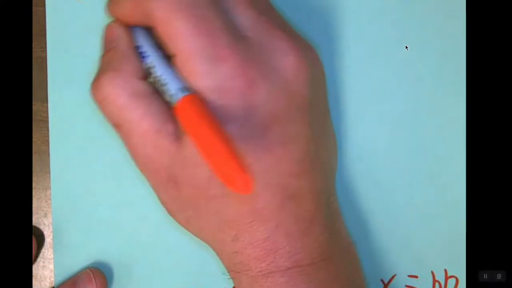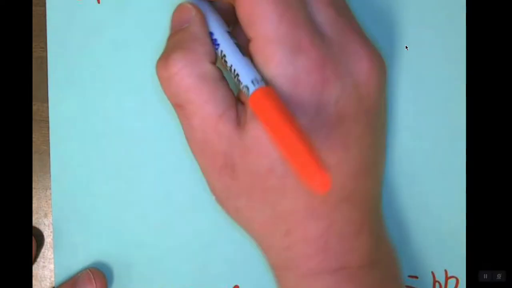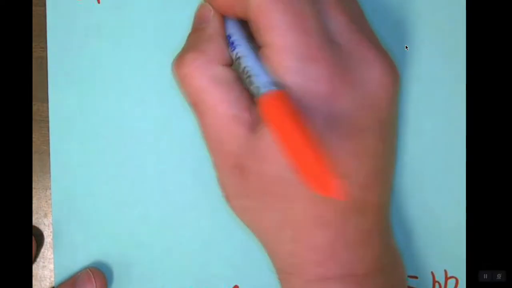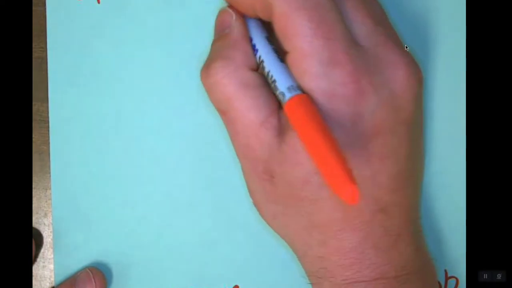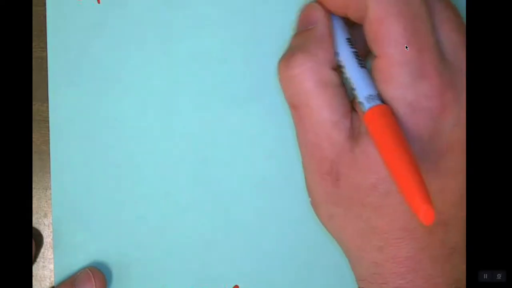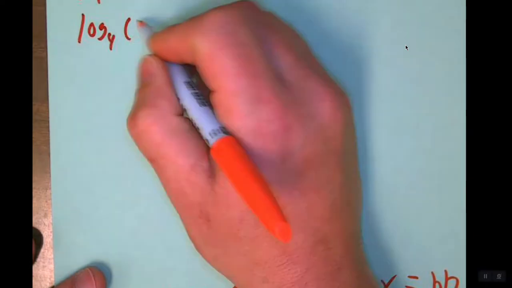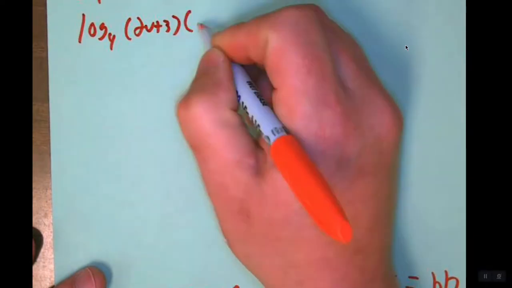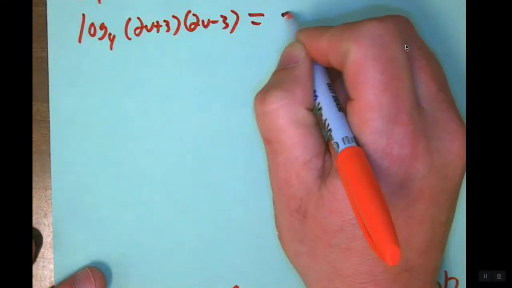Number 11, this one's kind of weird, right? We got log base 4 of 2v plus 3 plus log base 4 of 2v minus 3 equals 2. So we got to combine them. So this is log base 4 of 2v plus 3 times 2v minus 3, and that equals 2.